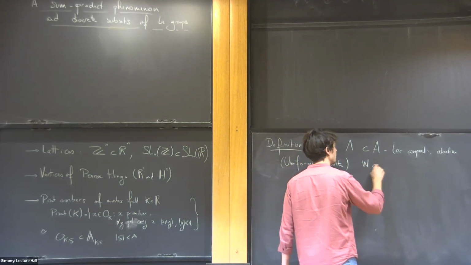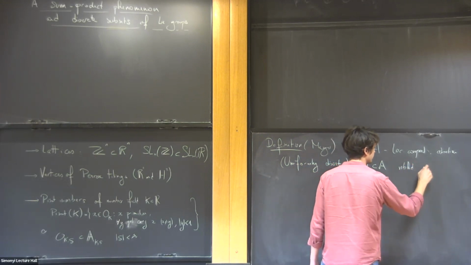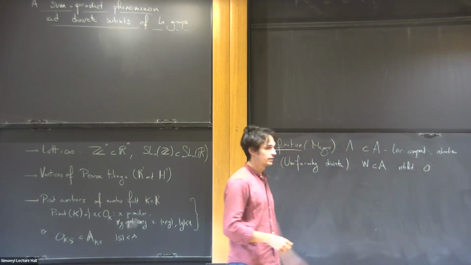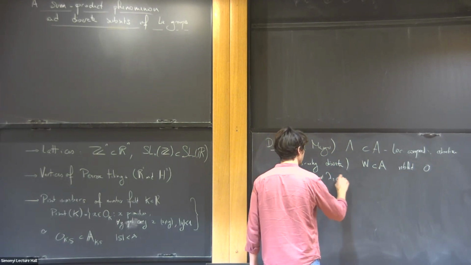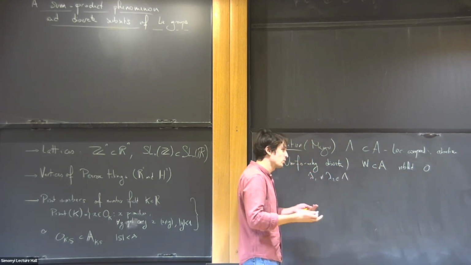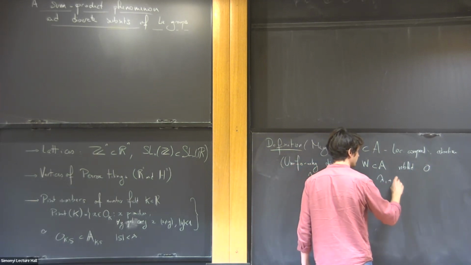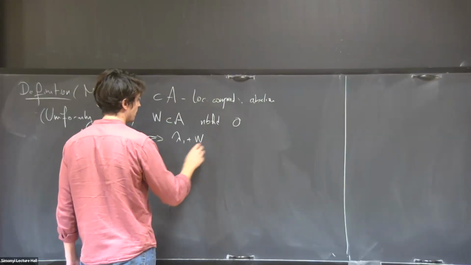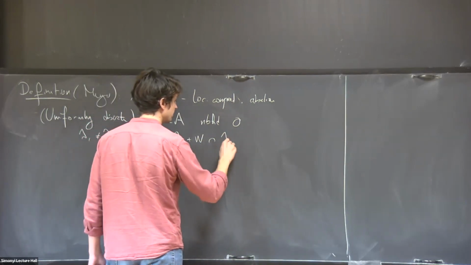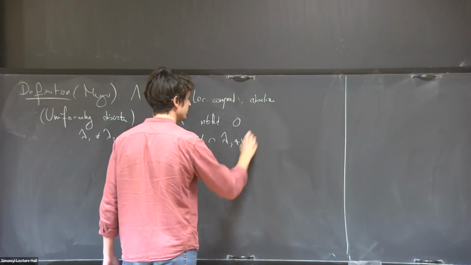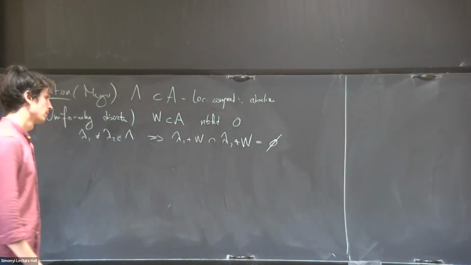This property is relatively easy to define. You take W, any neighborhood of 0 in your A, and you say, okay, if I have lambda_1, lambda_2 in Lambda that are distinct, then they are quite far apart. You can say it that way: lambda_1 + W intersected with lambda_2 + W is equal to the empty set.